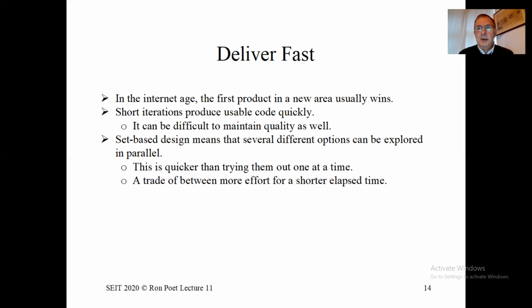So the idea is you have your 2-week iteration. At the end of the 2 weeks, you have a usable piece of software. That gives you the opportunity to produce a release quite quickly if you need to because of market conditions.